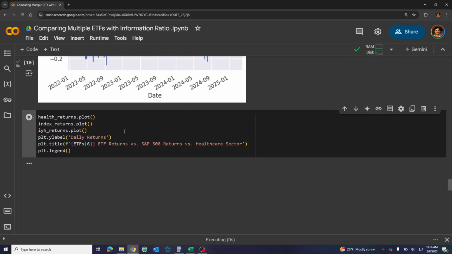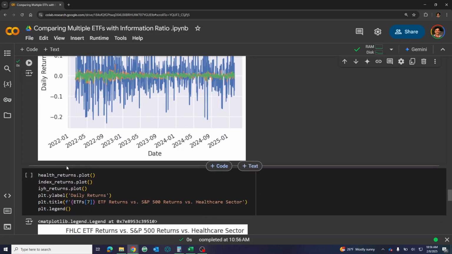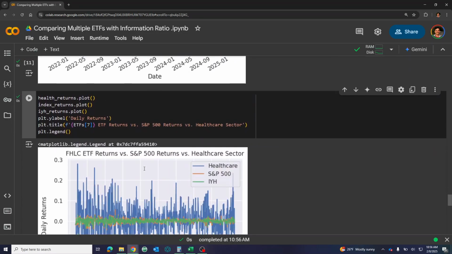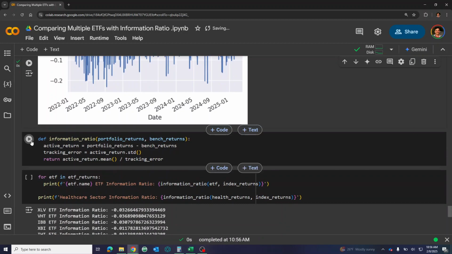And they pretty much all look the same here. The healthcare portfolio is just going to have greater returns, and greater losses as well.